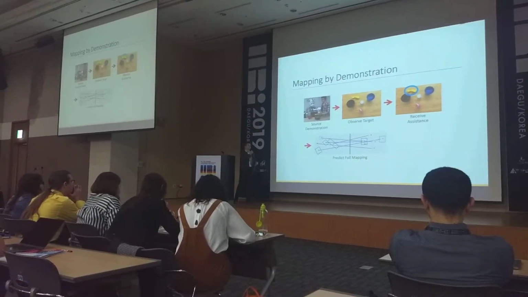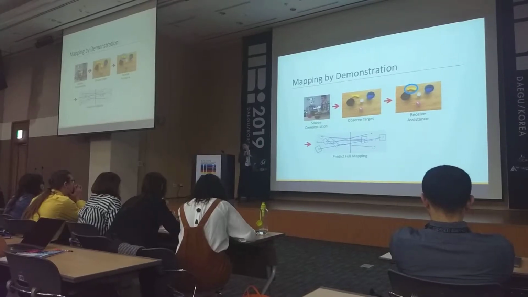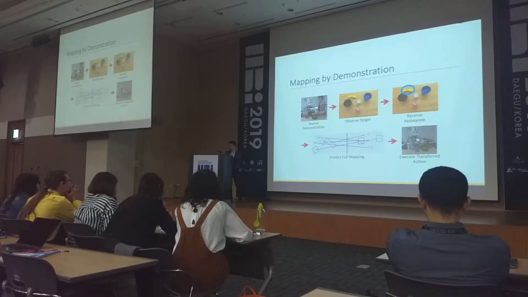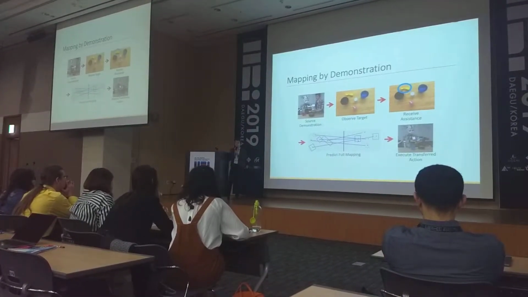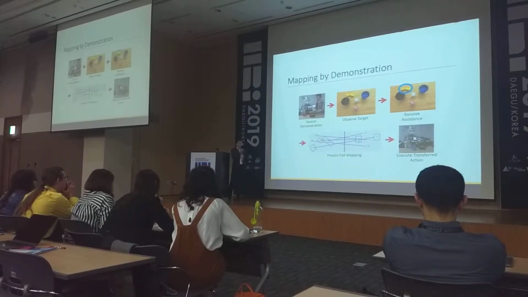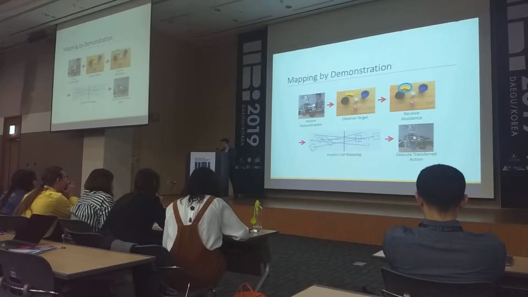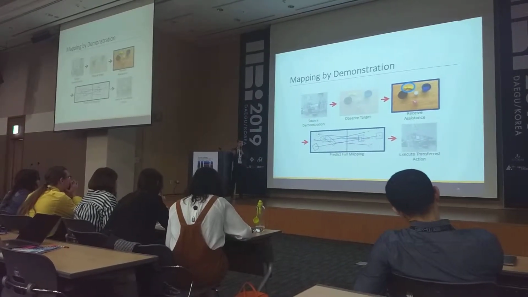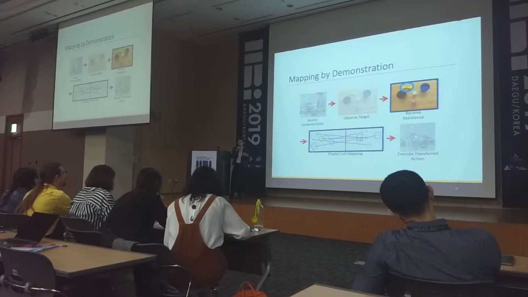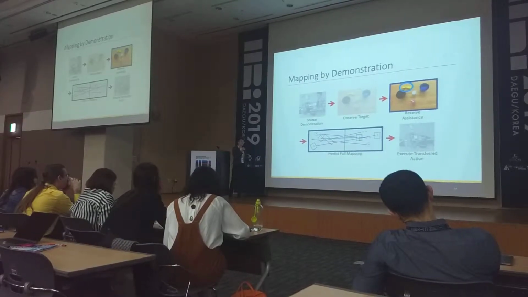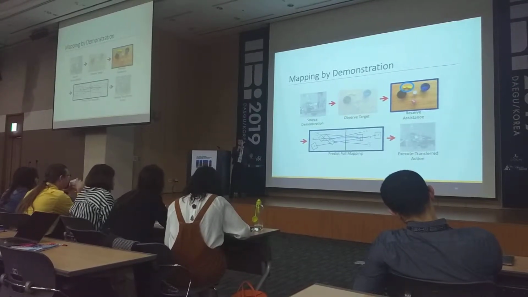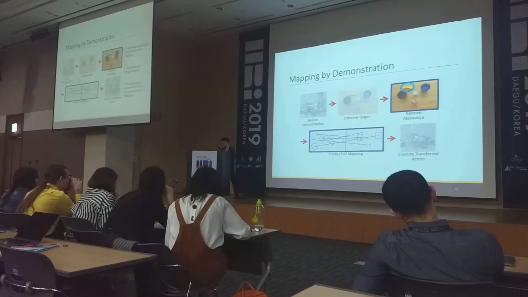Using that assistance, the robot then predicts the rest of the mapping, and then can either ask for additional assistance or, if it's confident in its prediction, use that mapping to transfer and then execute the task in the new environment. Our work primarily focuses on these two steps of how the robot can receive assistance and then use this assistance to predict the mapping for the rest of the task.